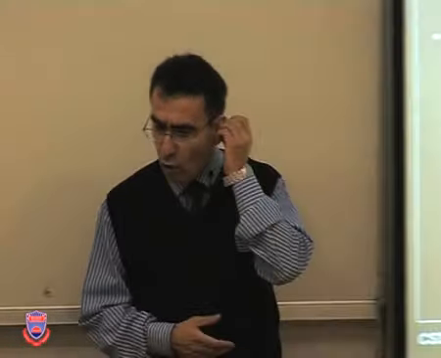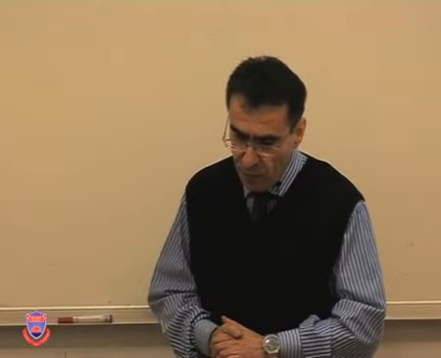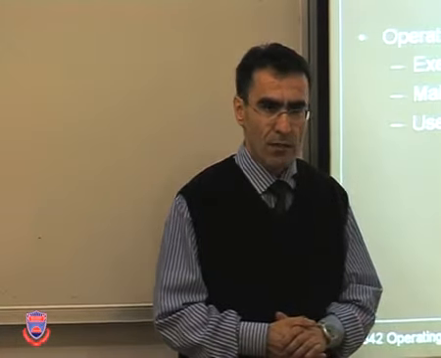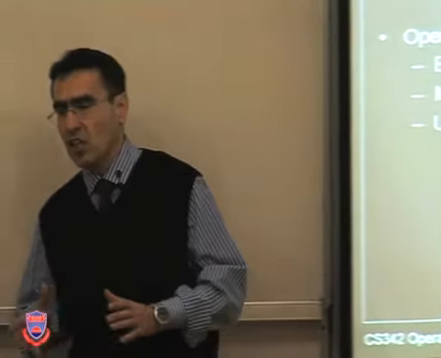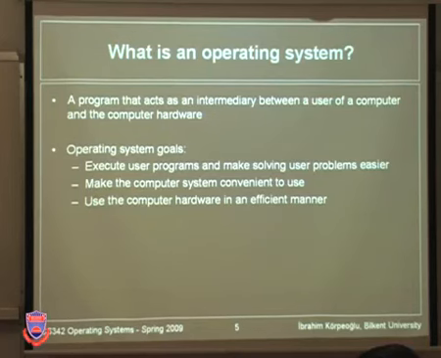Another goal of an operating system is using the computer hardware in an efficient manner. Nowadays, in your computer, you run several applications, several processes at the same time, all competing for resources. It is the operating system that is managing the resources and enabling lots of applications to run in the same computer without any problem.